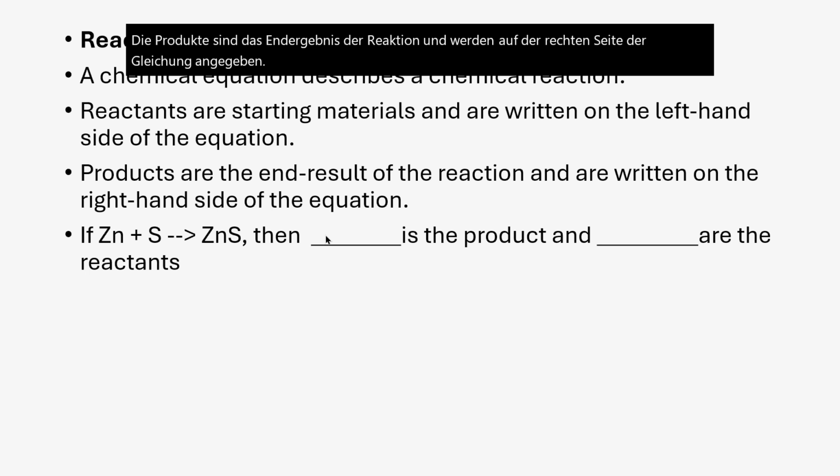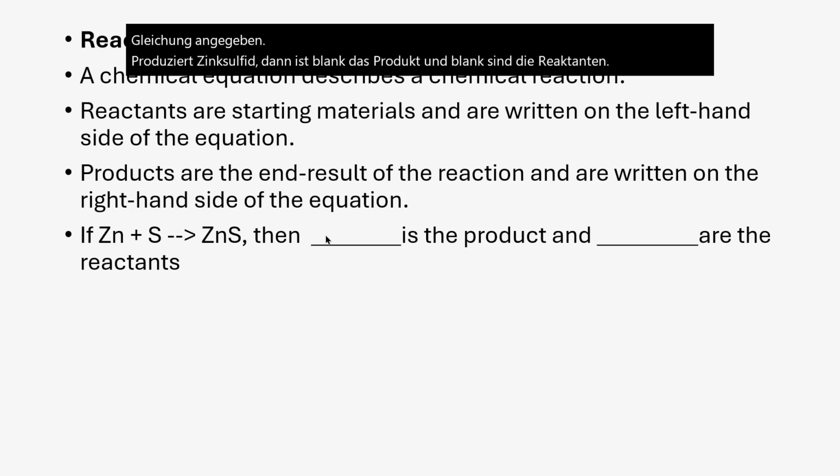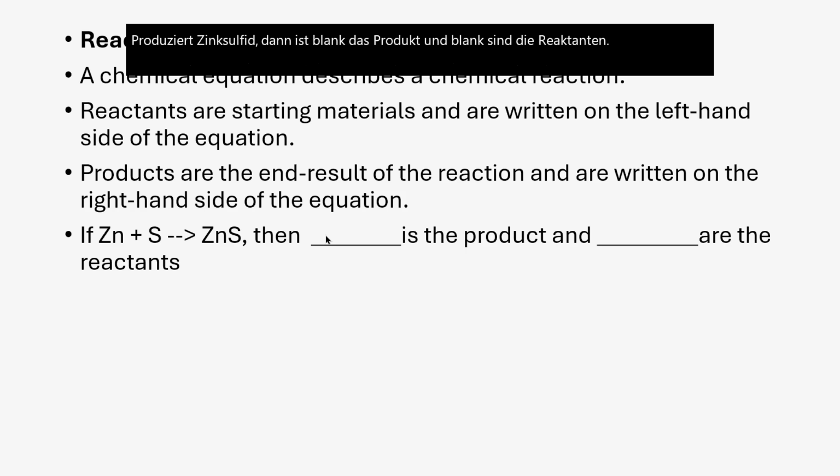If zinc plus sulfur produces zinc sulfide, then blank is the product and blank are the reactants. Think about it and then I'll give you the answer.